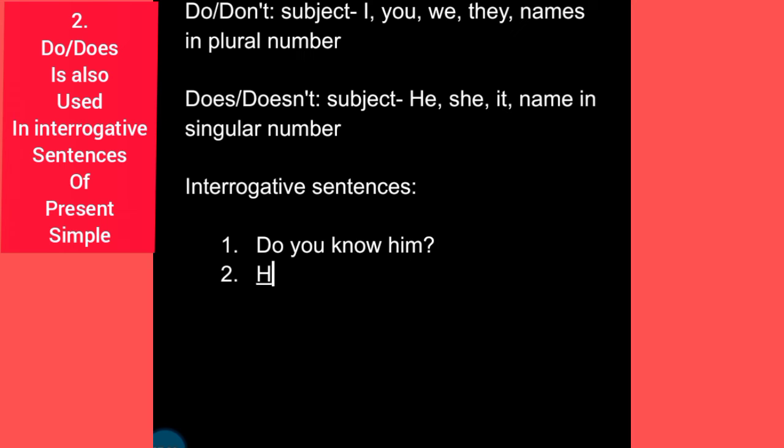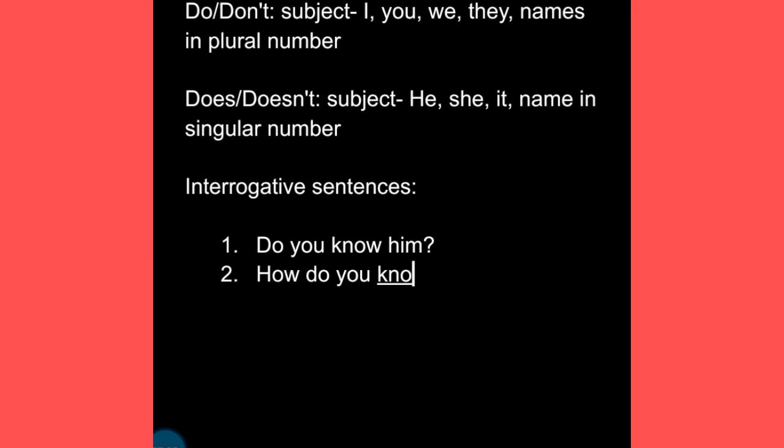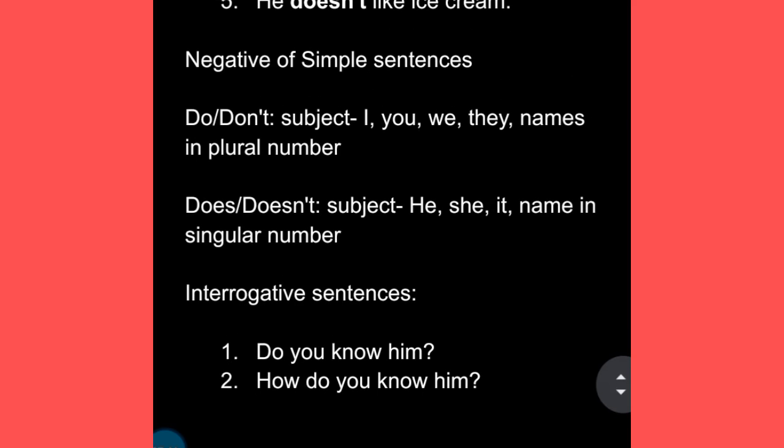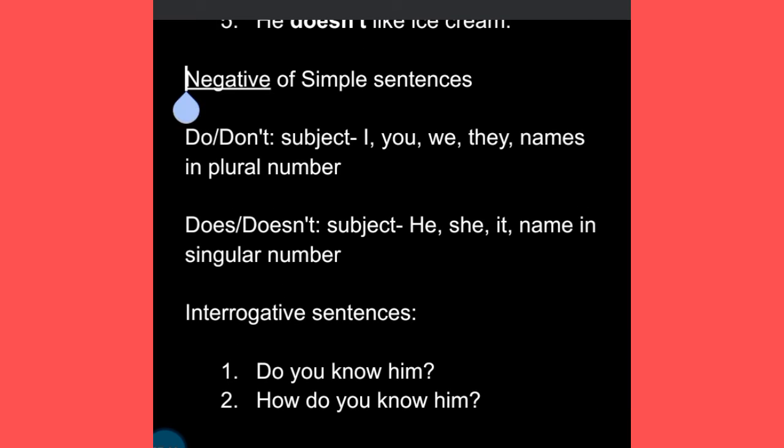And even if you make a question like how do you know him, fine. So one rule is negative sentences of present simple tense, where we have to make proper use of do and does.